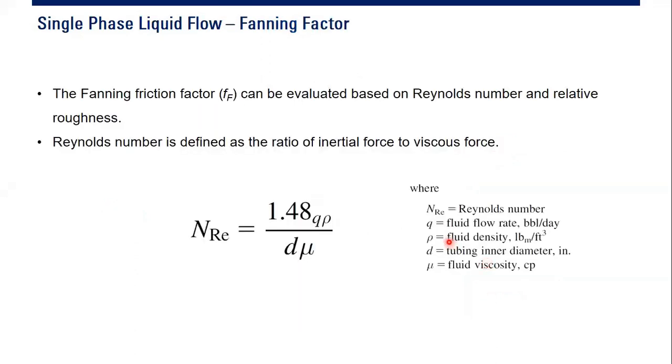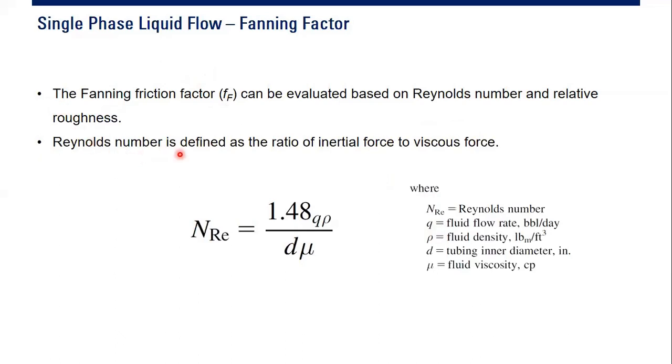From that, we now discuss the Fanning friction factor, because friction is one of the most important factors that influence the wellbore performance. The Fanning friction factor, or FF, can be evaluated based on Reynolds number and the relative roughness.